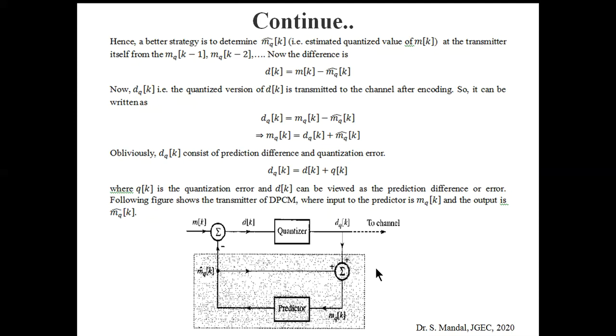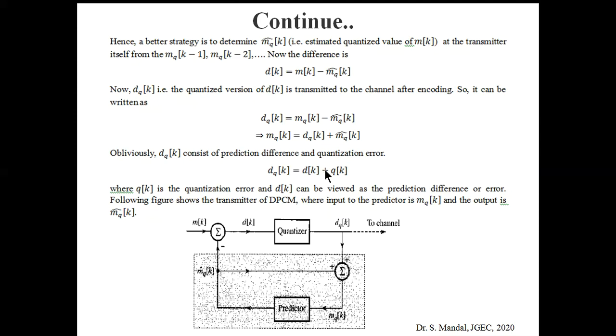And we send the difference dk equal to mk minus m cap qk. So the difference between the original signal and the predicted quantized value is the current difference whose encoded version is sent to the channel.